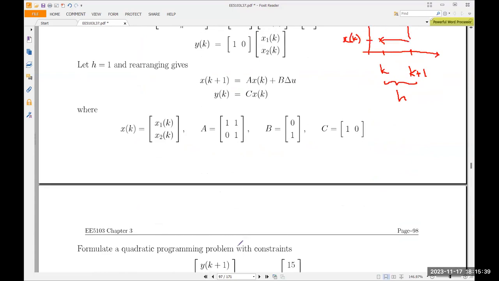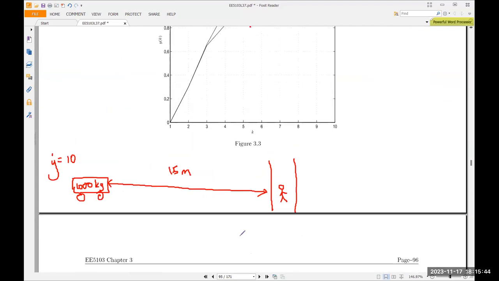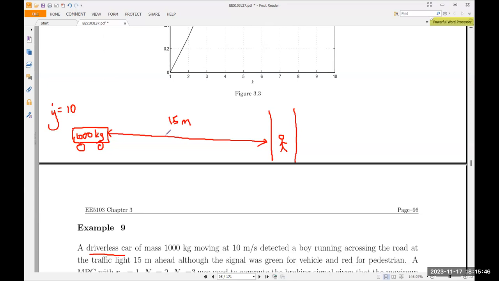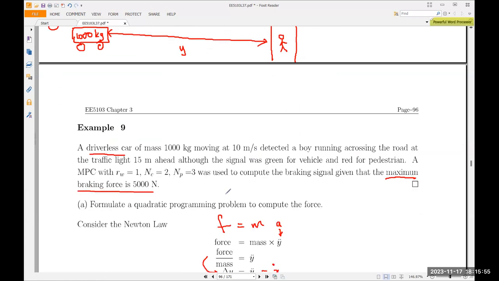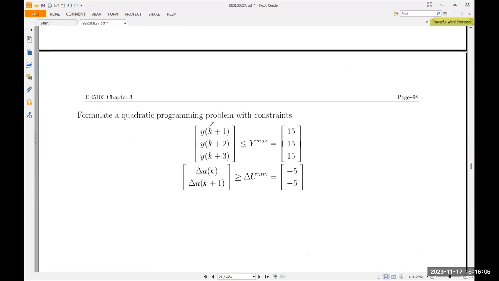Then now, to formulate the problem, you cannot kill the boy. So your y max, when you first start, y is the distance. So y max you can go is 15. The question says consider 3 outputs and 2 inputs. So the 3 outputs, y at k+1, k+2, k+3, must all be less than y max, which is 15.